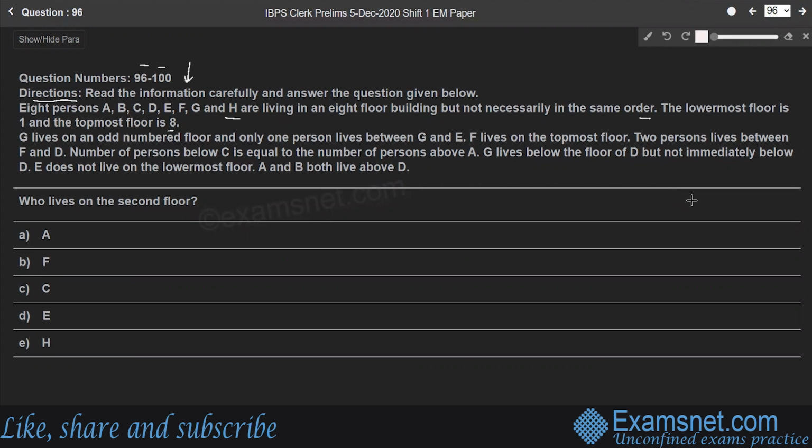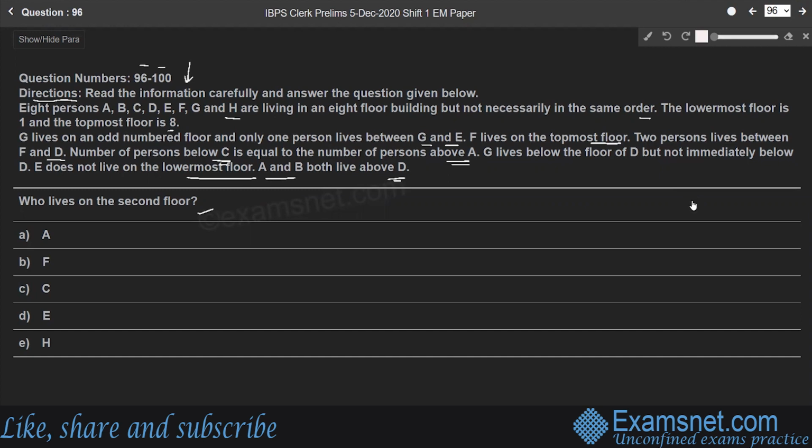G lives on an odd numbered floor and only one person lives between G and E. F lives on the topmost floor and 2 persons live between F and D. The number of persons below C is equal to the number of persons above A. G lives below the floor of D but not immediately below D, and E does not live on the lowermost floor, and A and B both live above D. Then who lives on the second floor?